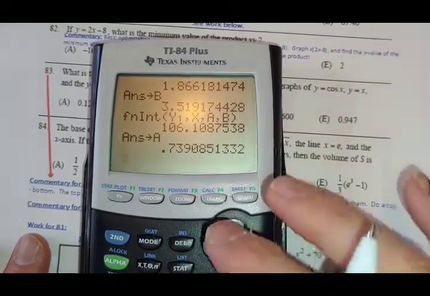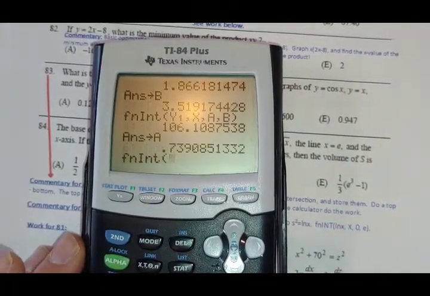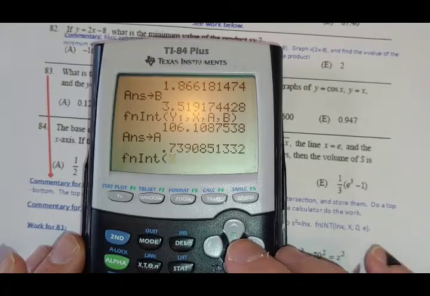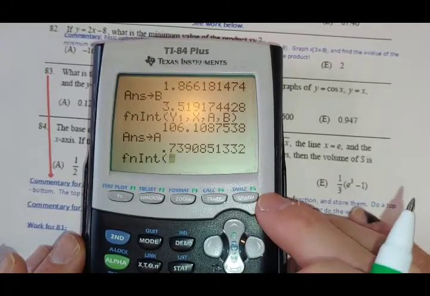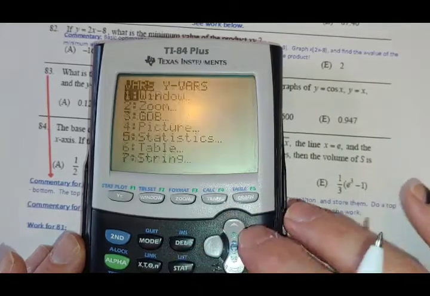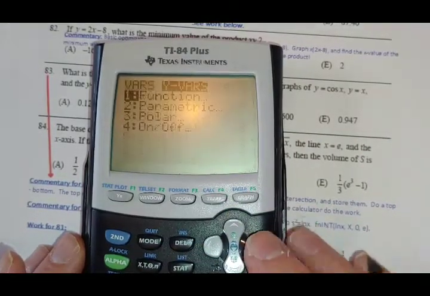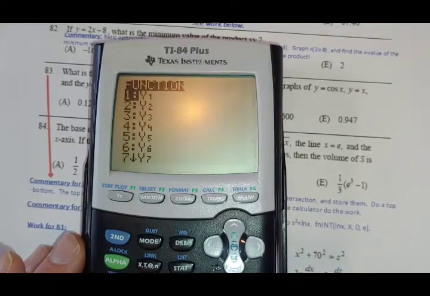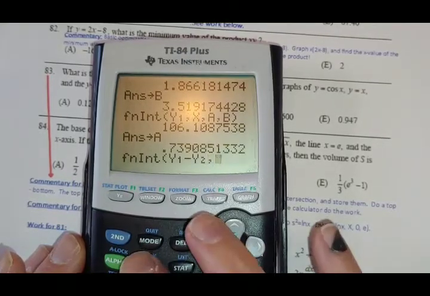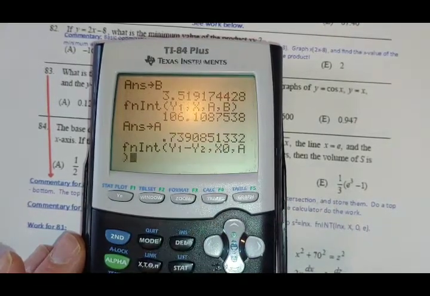So I'm going to go second quit. Oh, I don't have to. Math 9. The function is top, which was cosine. Vars, y vars, function, y1 minus vars function. Again, your calculator may operate differently, and that's fine. From 0 to alpha a.